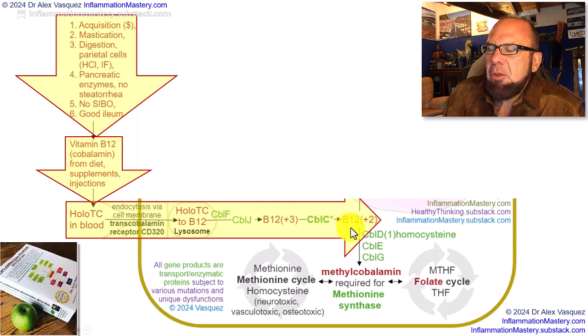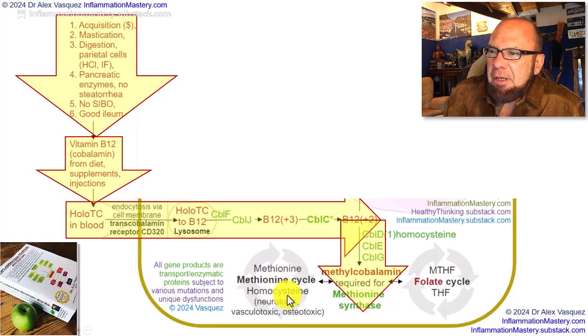At this point, the B12 molecule is going to take one of two routes. The first route is the conversion to methylcobalamin, which is required for the enzyme methionine synthase, which plays a part in the folate cycle, but also plays a part in the methionine cycle because our goal is to get rid of or recycle homocysteine.